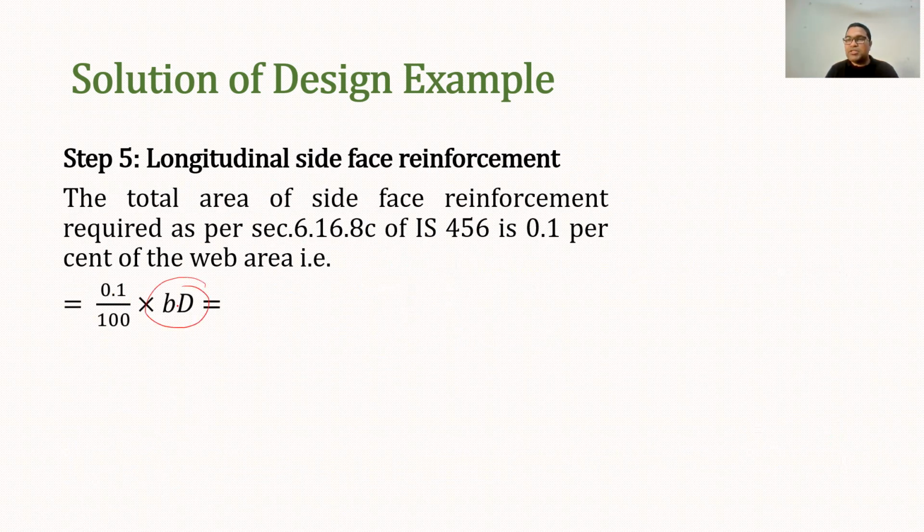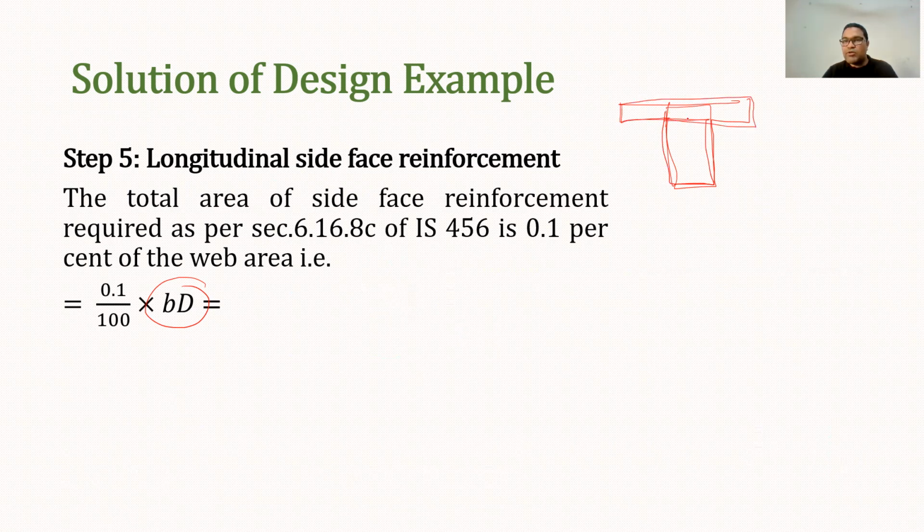So here we are using the rectangular beam. So rectangular area in this case will be known as web area. By chance, if we were supposed to provide reinforcement for a T beam, in that case, this part would be a web and this part would be a flange.